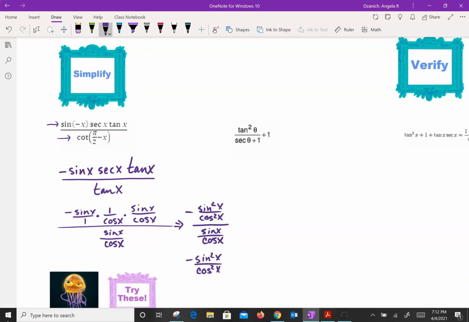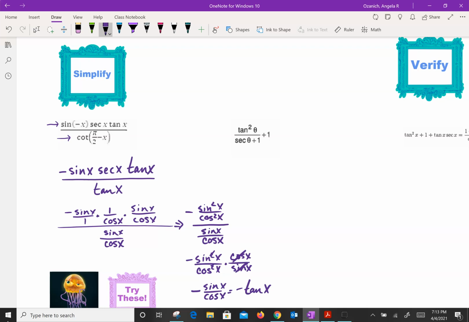Cosine squared of x times the reciprocal of my denominator, cosine of x over sine of x. I'm going to have 1 cosine that's going to cancel, 1 sine that's going to cancel. And for this particular problem, I'm left with a negative sine x over cosine x, which is equal to a negative tangent of x.